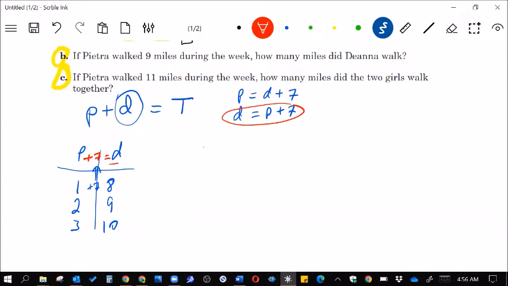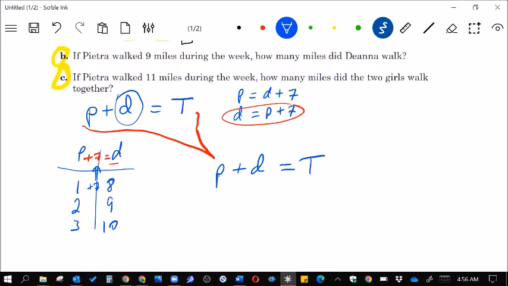Okay, now take this overall basic one. We have Pietra's plus Deanna's is equal to the total. Now what we also know is that instead of the D, we can put P plus 7. Usually we put that in parentheses. In this case, because there's nothing multiplying it, I'll take the parentheses out.